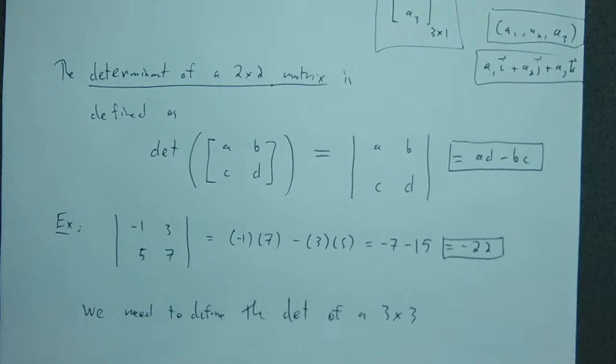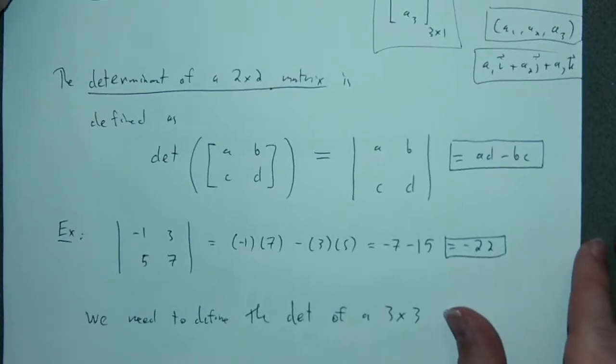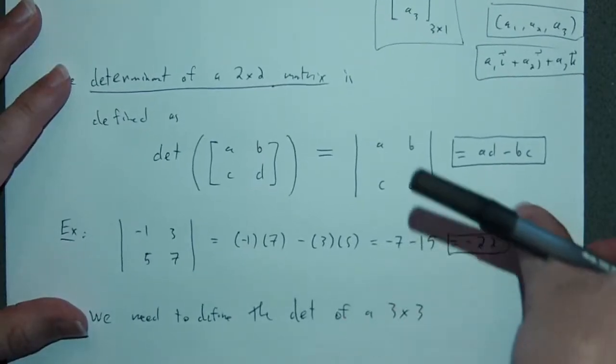So the determinant of a 3 by 3 can be determined as a bunch of determinants of 2 by 2s. The determinant of a 4 by 4 can be determined as a bunch of determinants of 3 by 3s, and so on. This is just the definition of the determinant. So we're not going to do anything fancy with this.